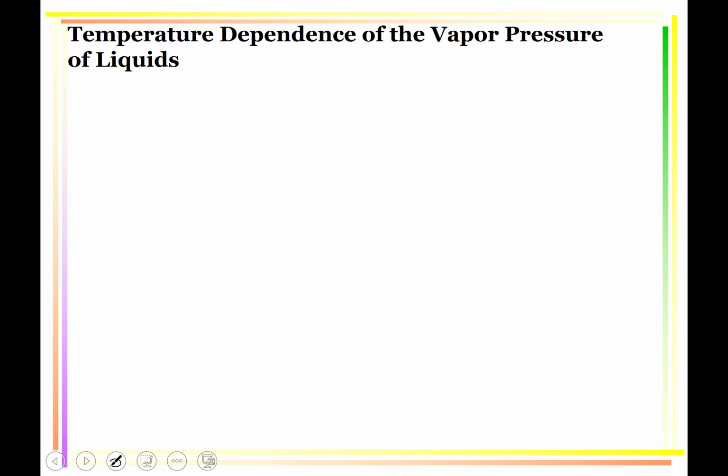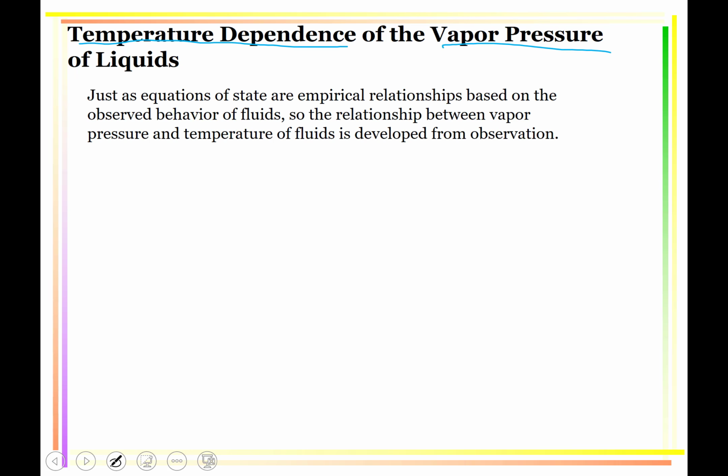All right, and now what we're going to learn here is that if we know the temperature of our system, then we can calculate the vapor pressure of the liquid phase. This is going to be an empirical relationship. Pretty much everything in thermodynamics is empirical. The systems are complex.